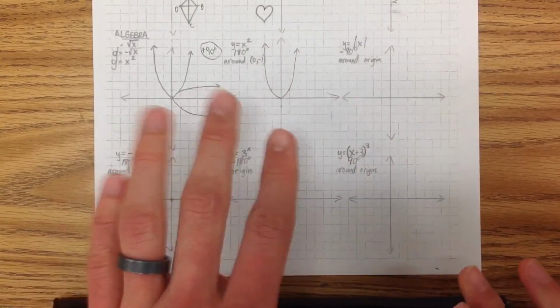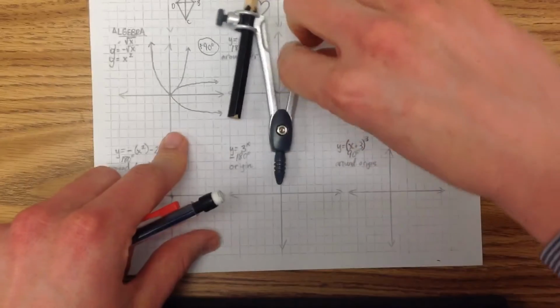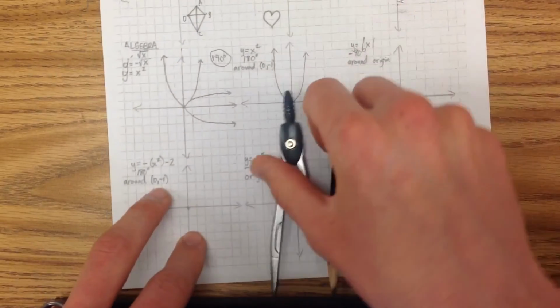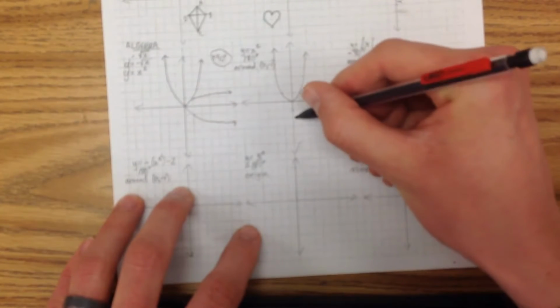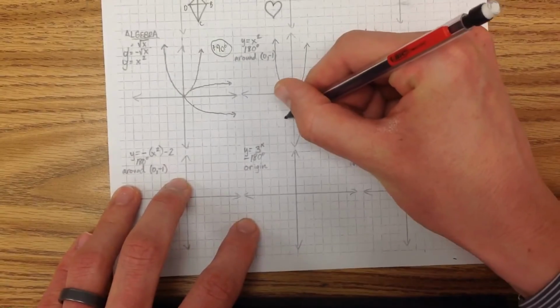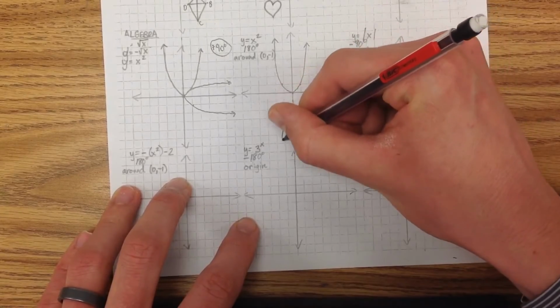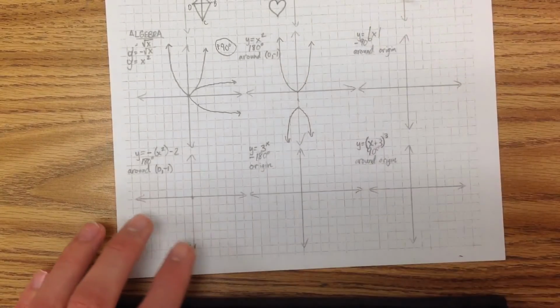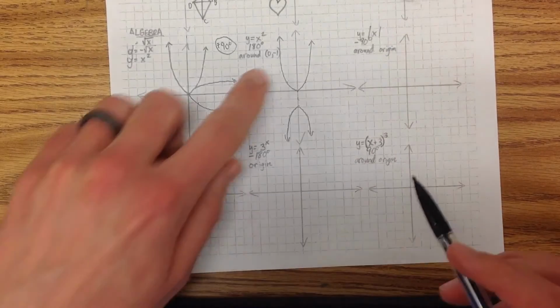Well, if I rotate that 180 degrees around that point, it's going to look like this. So how far is this away? 1. So it means it has to be 1 away here. And then it forms this shape. So that is this, rotated 180 degrees around that point.